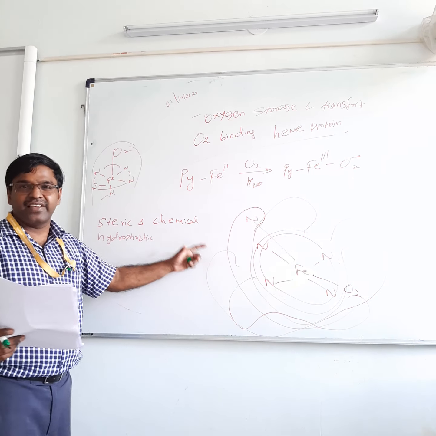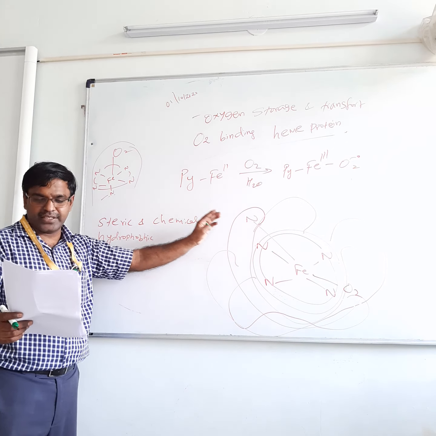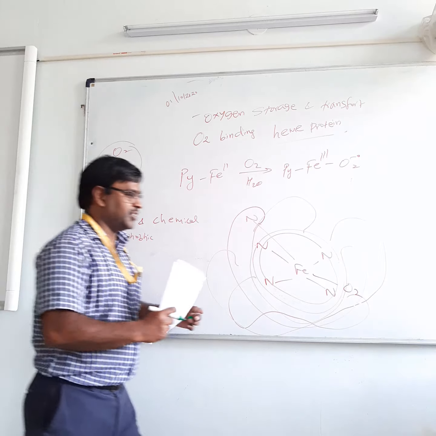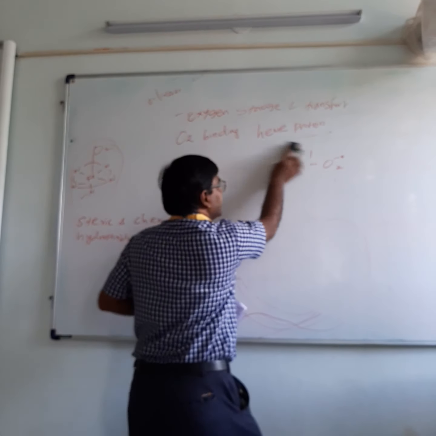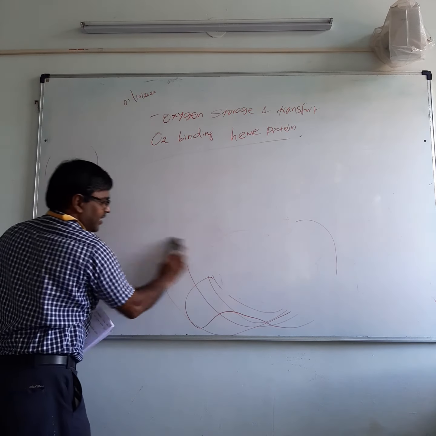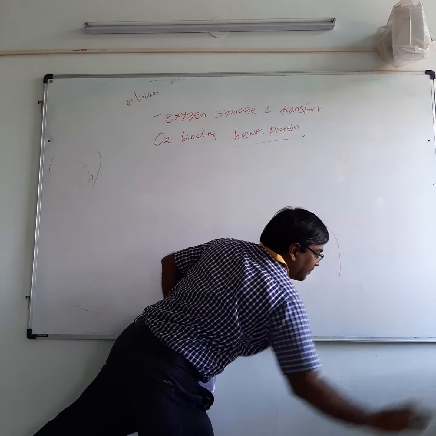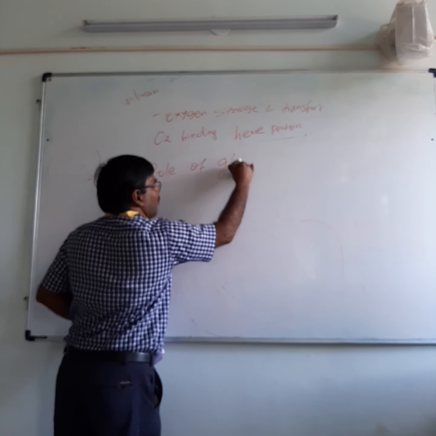Okay, in both cases, hemoglobin and myoglobin, you have iron in the +2 oxidation state. Now we quickly summarize what is the role of globin. We have already told, but we will just summarize that. Role of globin.